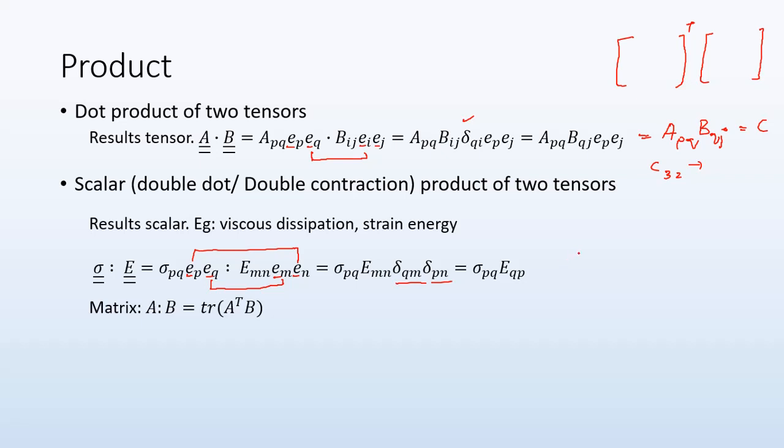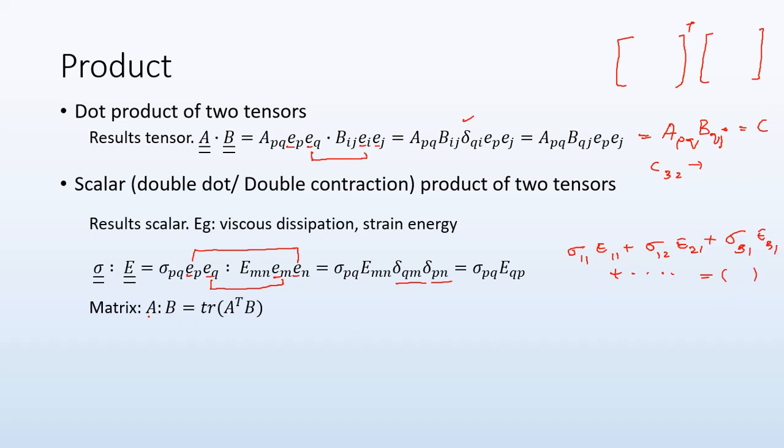Suppose this is a three-dimensional case where P and Q run from 1 to 3, then this answer will be just sigma_11 E_11 plus sigma_12 E_21 plus sigma_31 E_31 plus etc., 9 terms. You will have 9 terms and the answer will be a single number, that is a scalar.